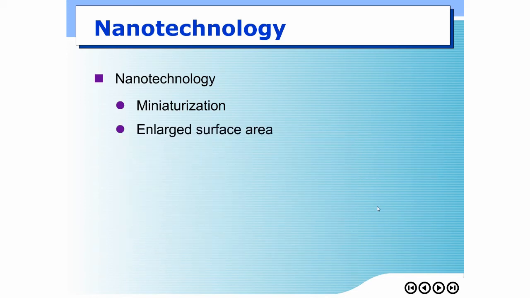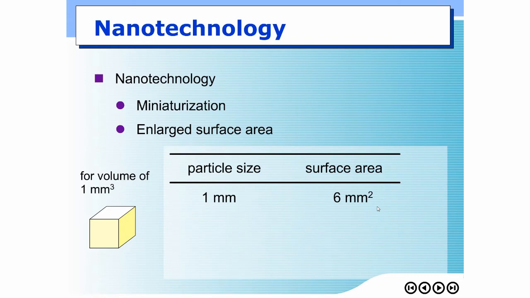But on the other hand, nanotechnology was also invented to enlarge surface area, especially in the field relating to chemical reactions. Because if you imagine a cube of 1 cubic millimeter, there are 6 sides of this cube. The surface area would be 6 square millimeters. If I cut each side into 1/10, the size of the particle obtained would be 0.1 millimeter.